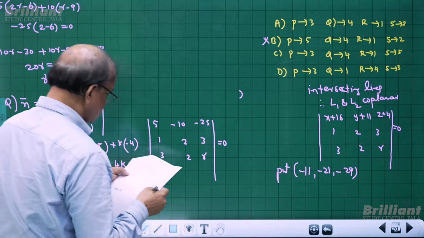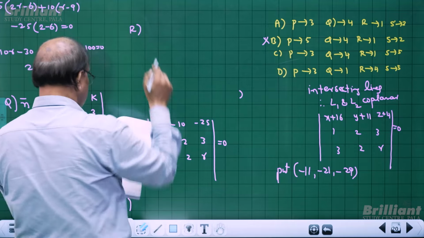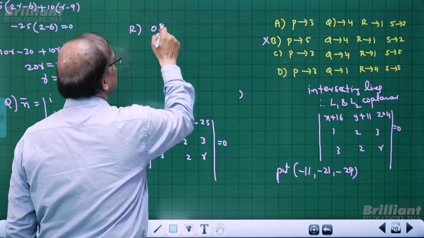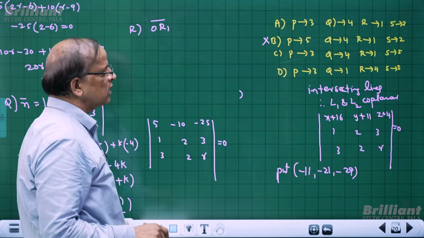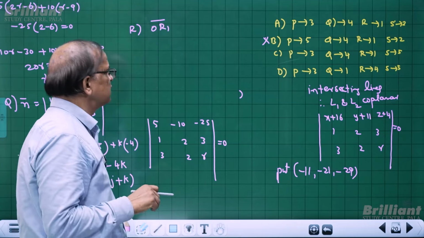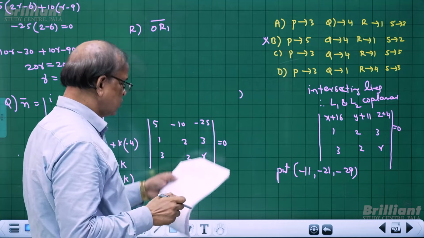Now, we will do R, that is OR1 bar. What is R1? It is the intersection point, the point of intersection of the two lines.